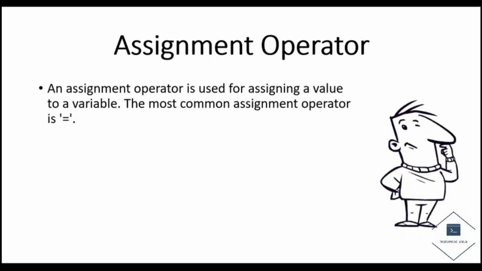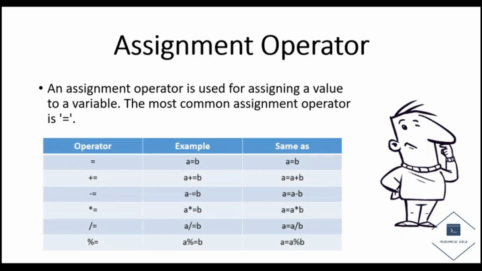Assignment operators. An assignment operator is used for assigning a value to a variable. The most common assignment operator is equals to. The following chart will help us find the use of each operator.